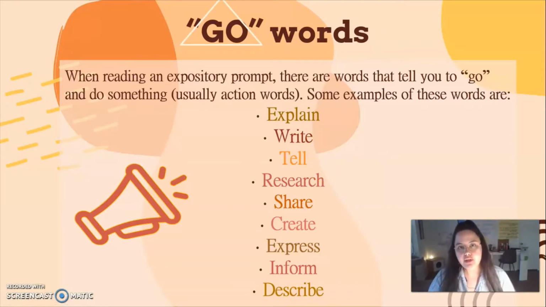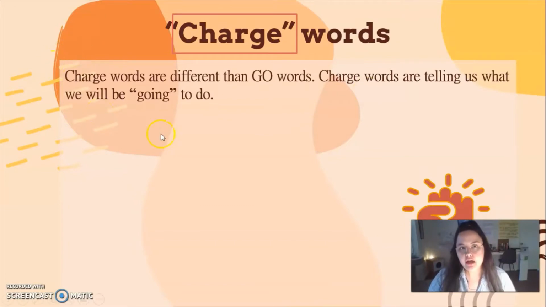So moving onwards to charge words. Charge words are different than go words. The charge words are telling us what we're going to do. So they can tell you write, which is still an action word, about the importance of. Write about the benefits of.